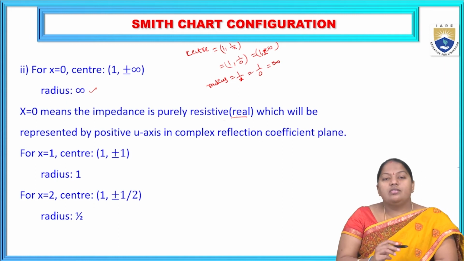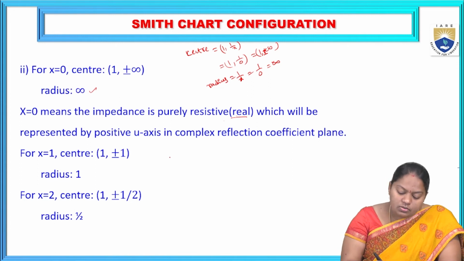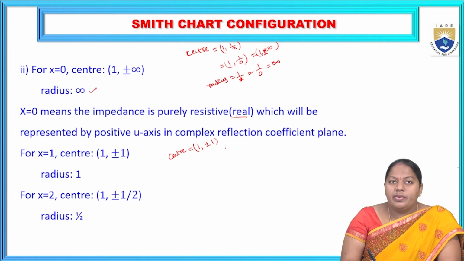Now for x equal to 1, the center is (1, plus or minus 1 by x), that is 1 by 1 equal to 1. So the centers are (1, 1) and (1, minus 1), and the radius, by the formula 1 by x, is equal to 1.